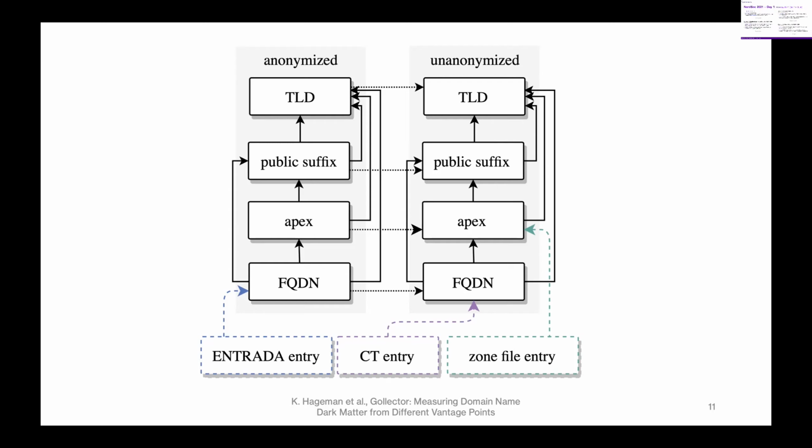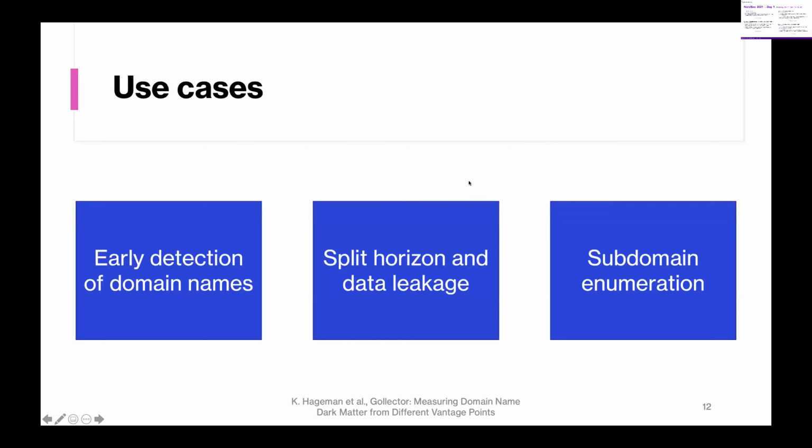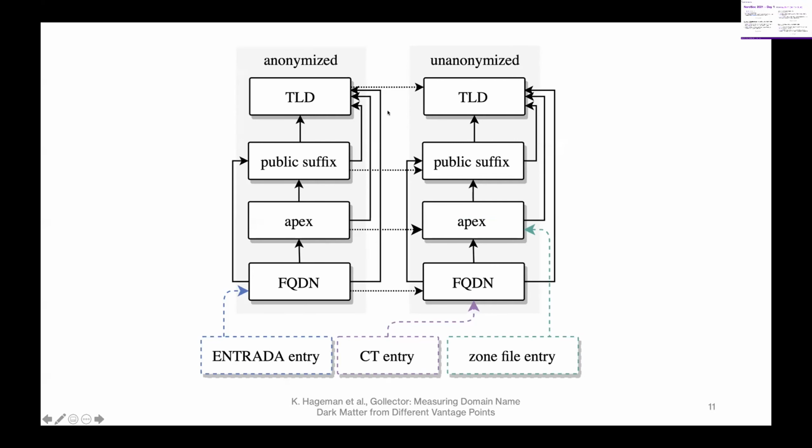This anonymized table stores the salted hashed value of the domain name part, and only if the unanonymized version exists do we store a reference between them. So if we collect a domain name in Entrada, and we've seen the same one pop up in a zone file entry, then we can relate those two domain names to each other using that reference.